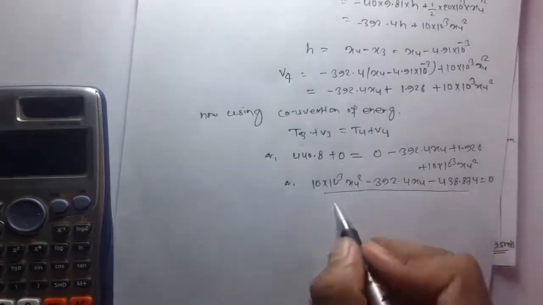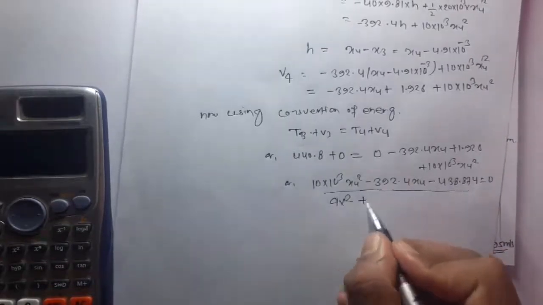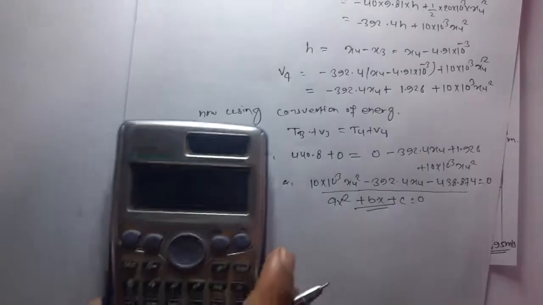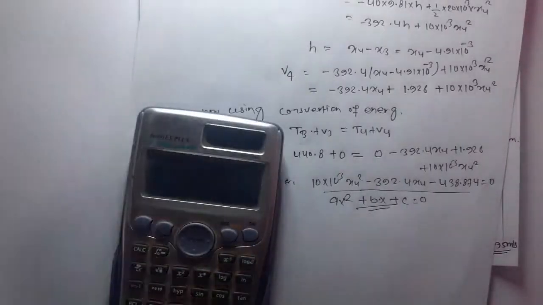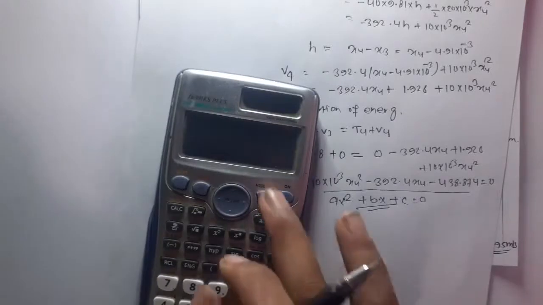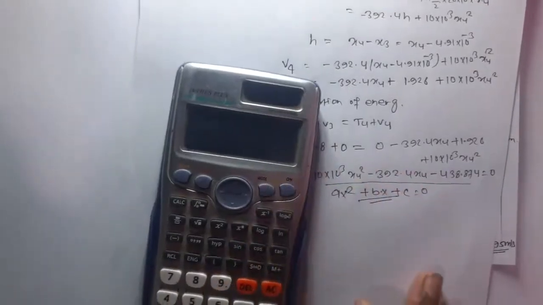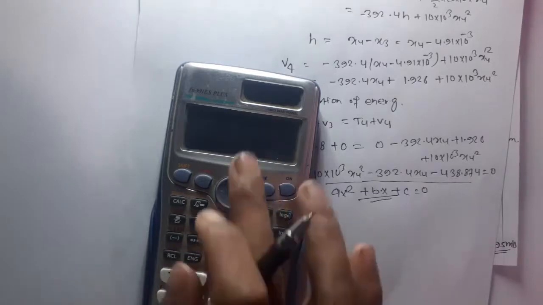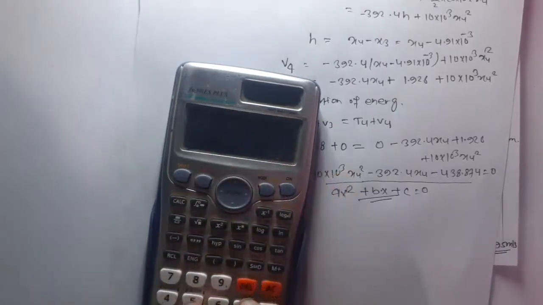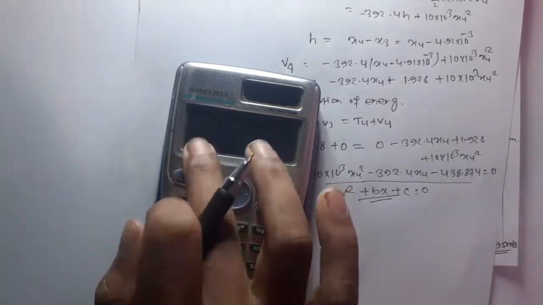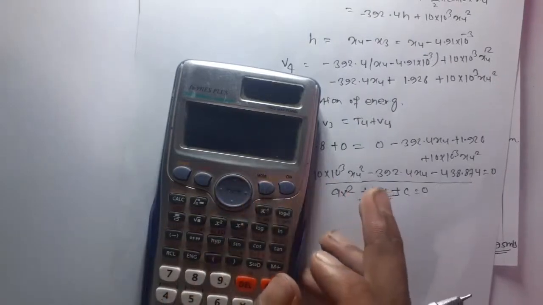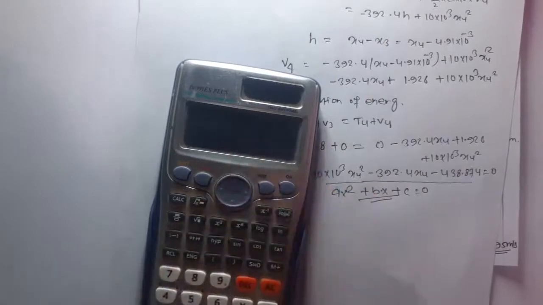So this is a quadratic equation in the form of ax square plus bx plus c is equal to 0. By solving this quadratic equation we get the value of x4. For that we simply use a calculator. If you don't know how to solve this equation using a calculator, first click on mode and then there are different options. Click on equation. The equation option is 5, so press 5, and there are different forms of equation. We need the form ax square plus bx plus c, which is 3.